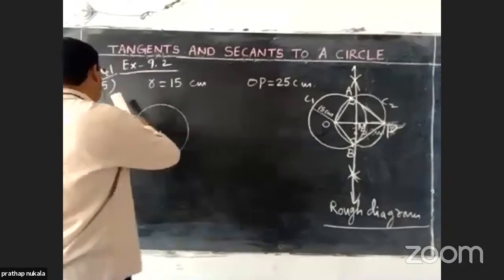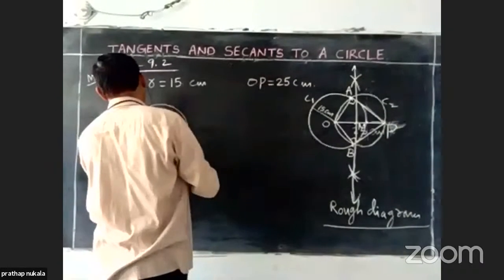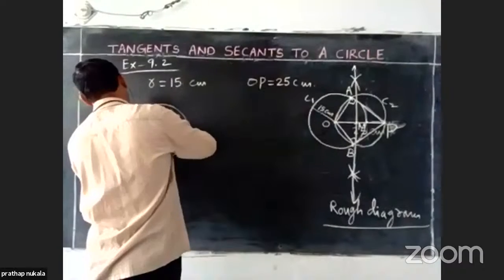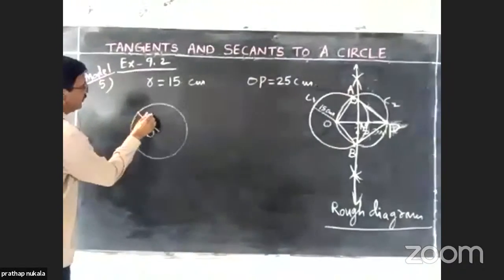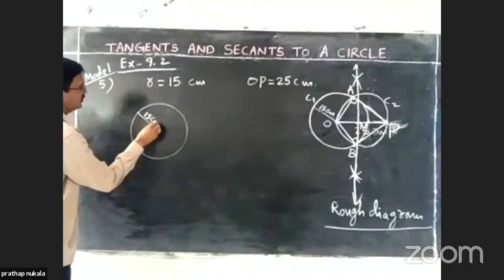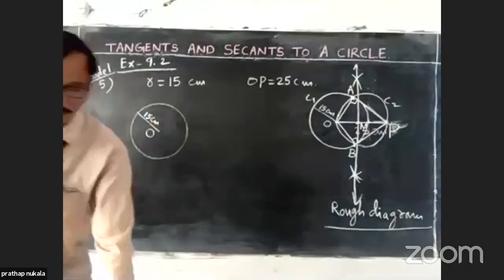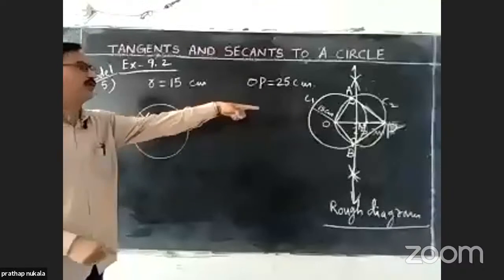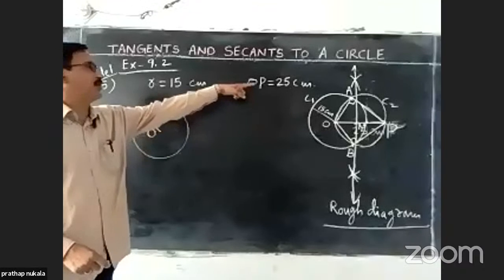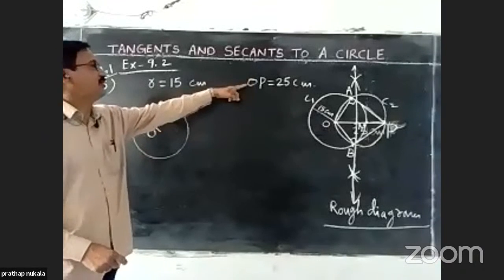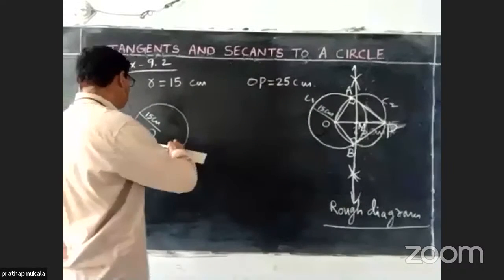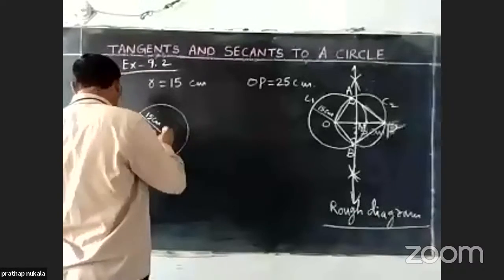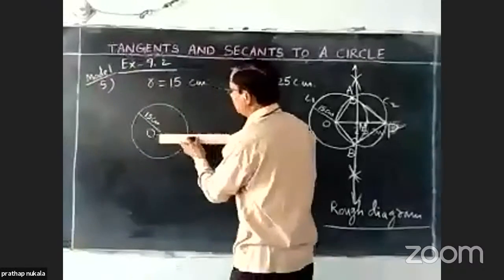Now we can take a point on the circle. Next we have to locate the external point P. Given that OP equals 25 centimeters, we mark it with the ruler.